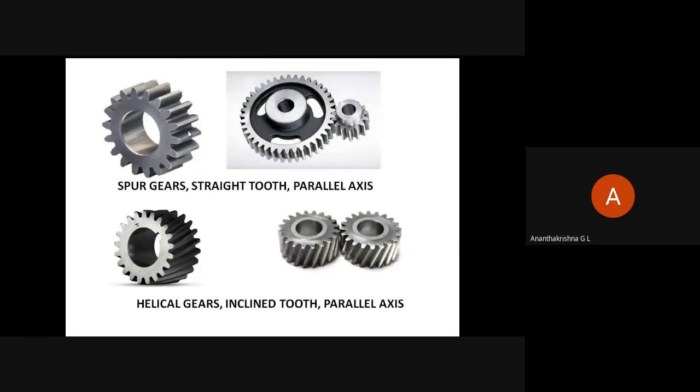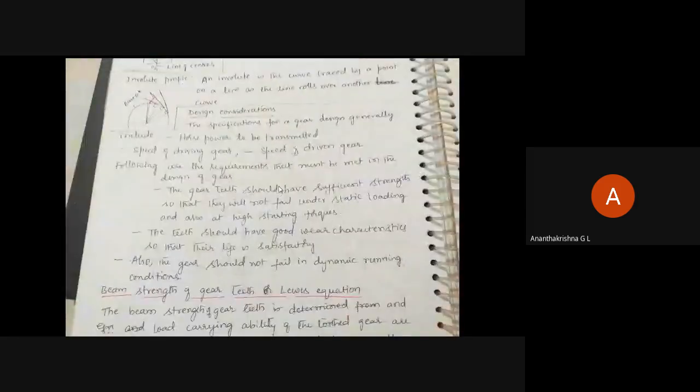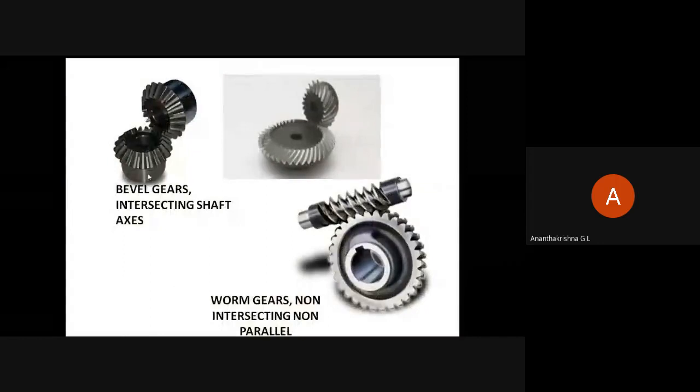Can anyone tell me? What is the definition of module? Yeah? No idea? Okay.